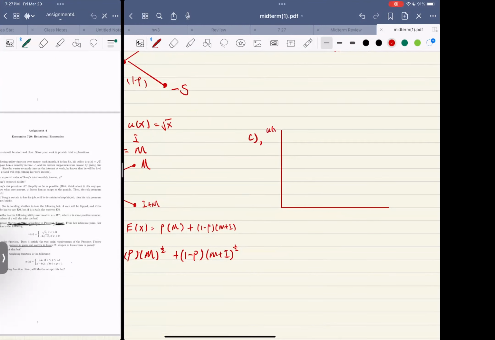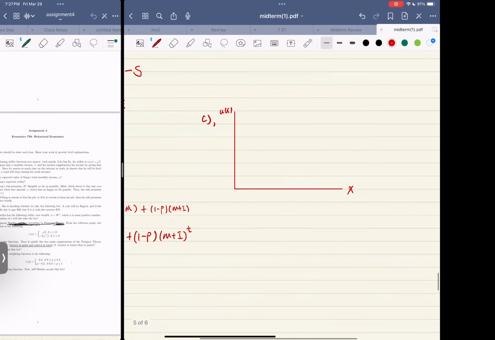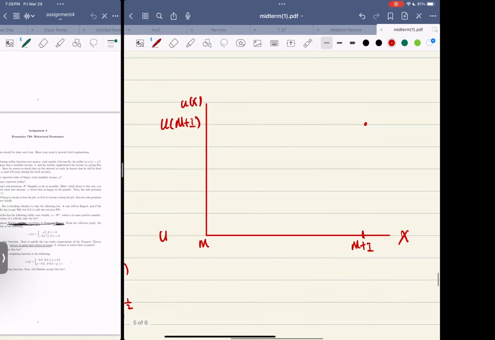So U of X, and this is X, certain wealth. And then we have mother's money M and M plus I. This is the utility of M plus I, so let me make it bigger. This is U of M plus I. This is U of M.